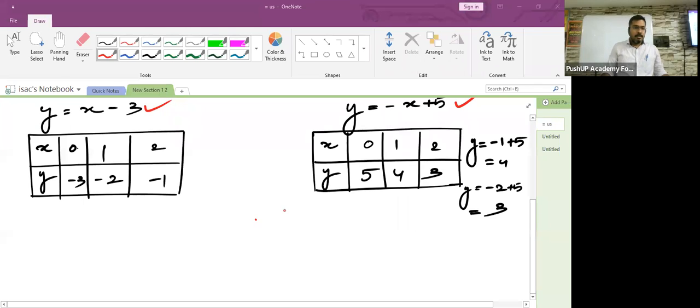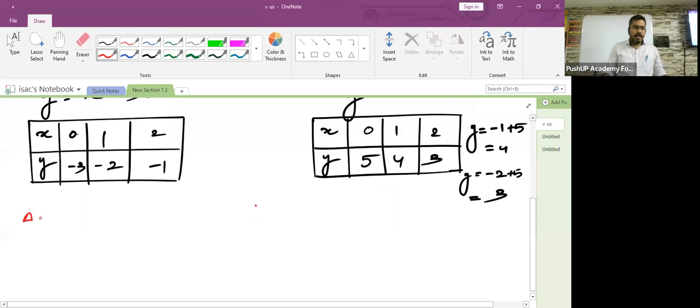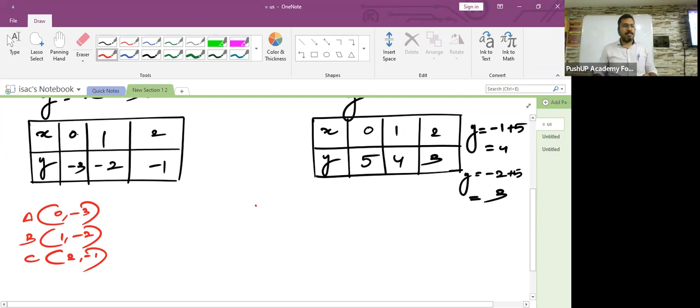Did you all start plotting it? So here the points are A, 0 comma minus 3, B, 1 comma minus 2, and C, which is 2 comma minus 1. These are the points which you have to plot for the first equation.